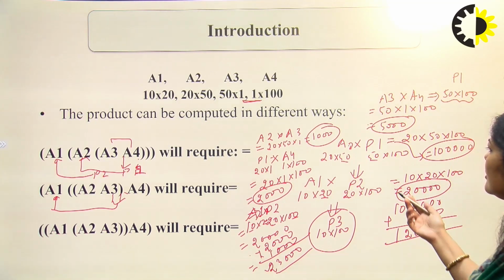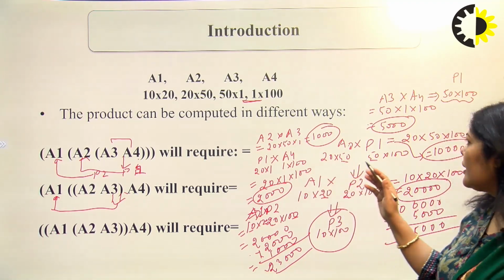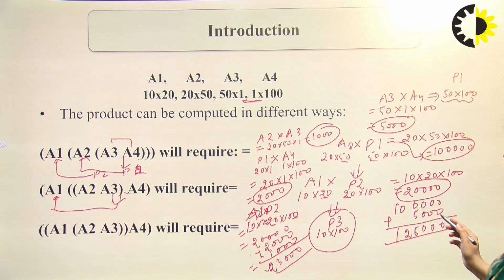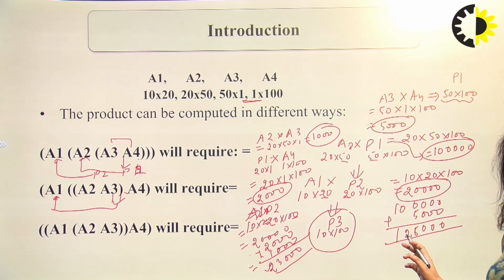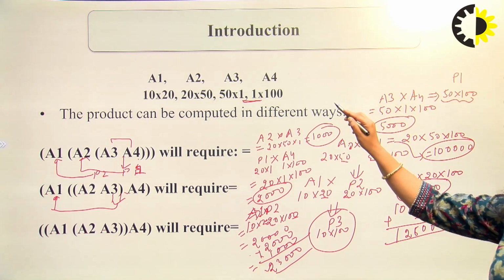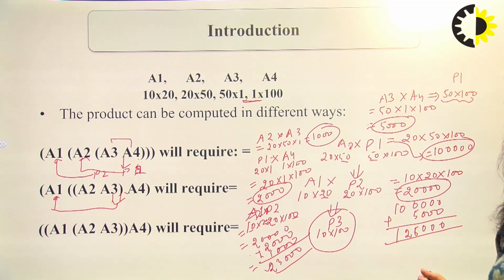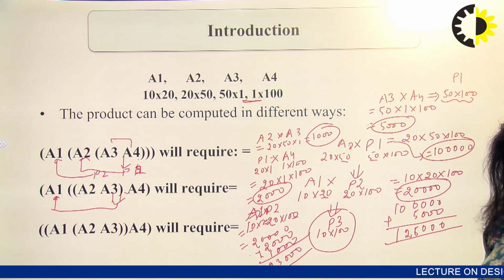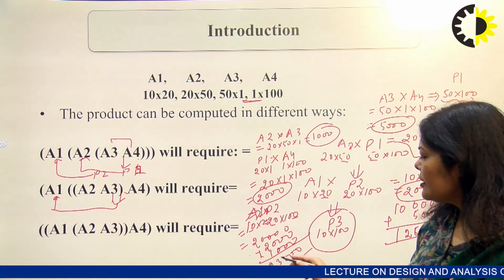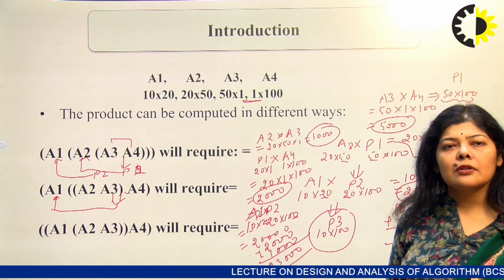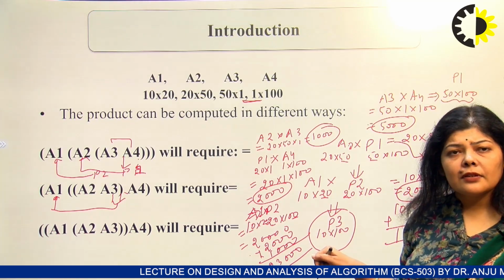And if I see the previous sequence, I have performed how many? 1 lakh 25,000 scalar multiplications. So you can see there is a huge difference between this and this figure. Here the number of scalar multiplications that I need to perform to multiply the same chain of matrices is coming to over 1 lakh multiplication operations, and here it is reduced to 23,000, right? So there is a significant difference here.